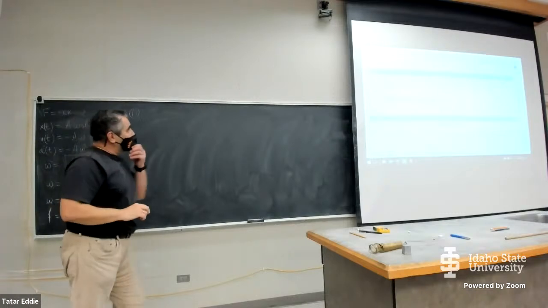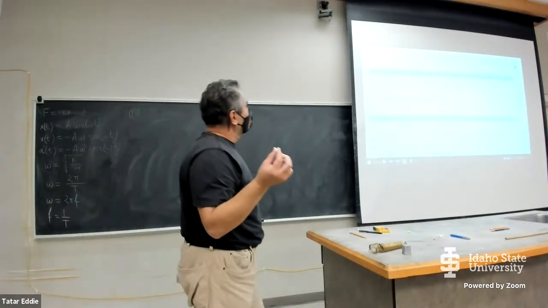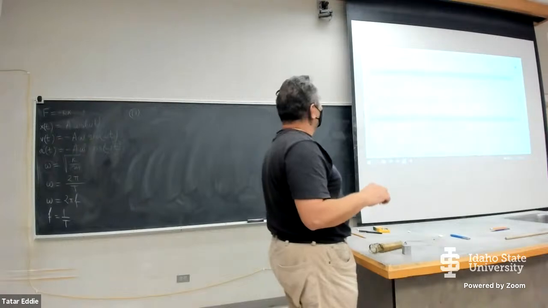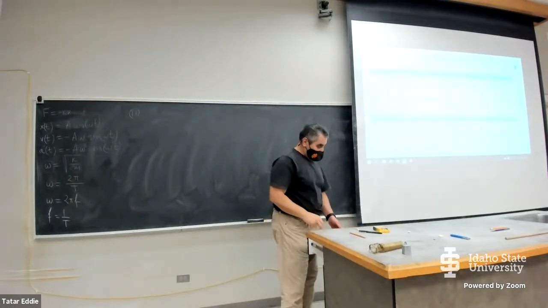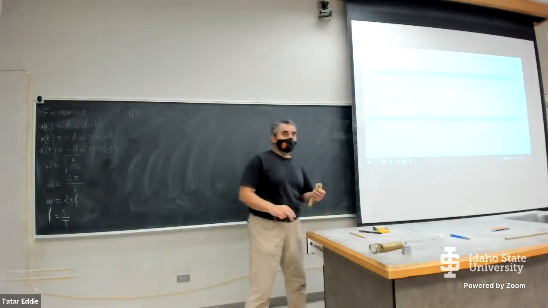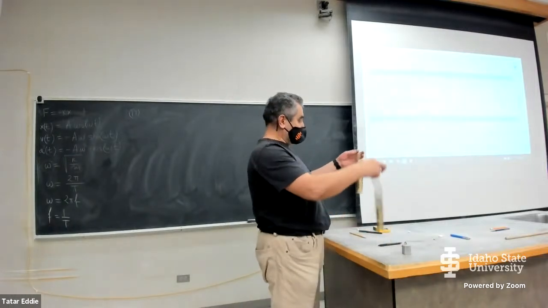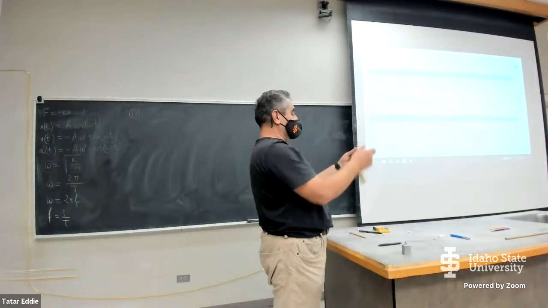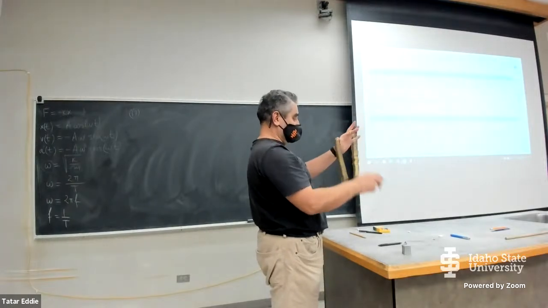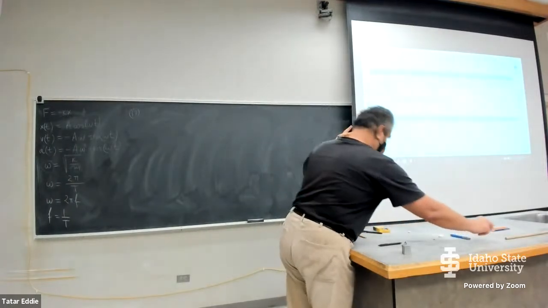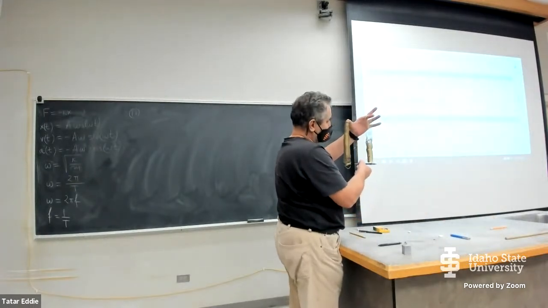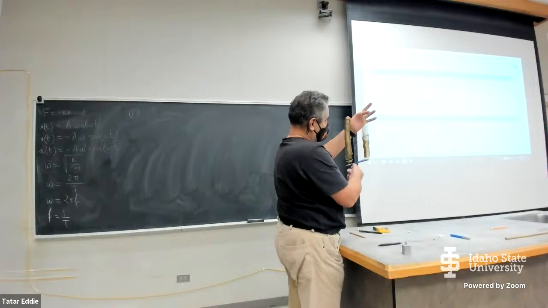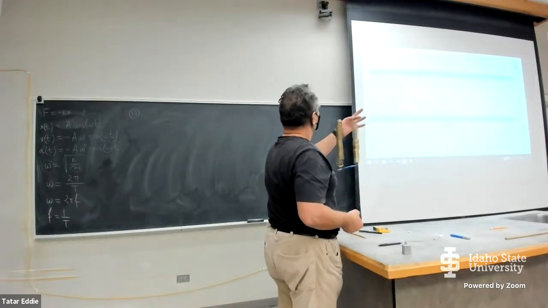So you have a uniform stick with given length suspended from two springs with different spring constants. So here are two different springs, imagine they're very different. And here is the stick that is attached like this.